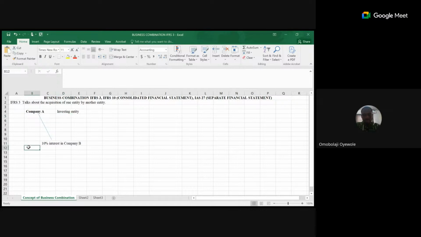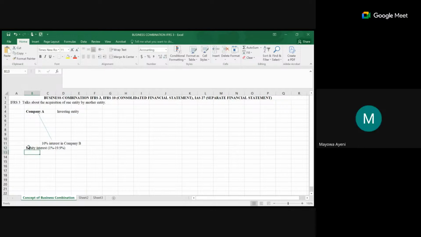We call this an equity interest. An equity interest exists when the percentage that the acquiring entity is buying from the acquired entity is between 1% to 19.9%. Let's take note of that.